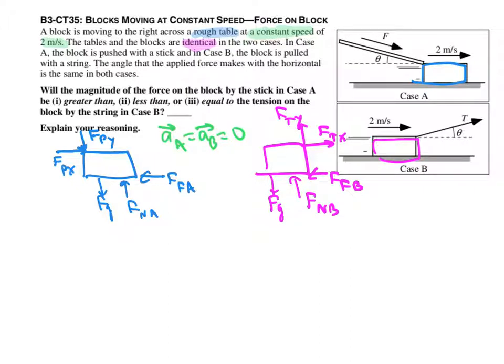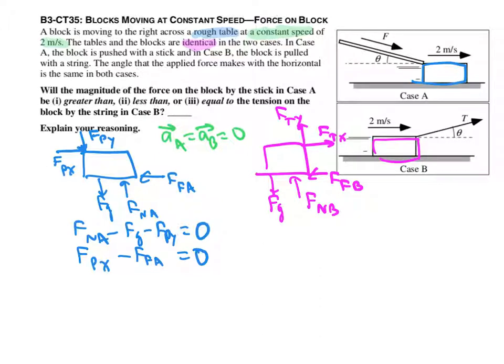So our basic way here is to say that this minus this minus this, which is our net force vertically, FNA minus FG minus FPY, has to equal the mass times the acceleration, which is 0. And this has to add to 0. So we'll have FPX minus FFA is going to be 0.